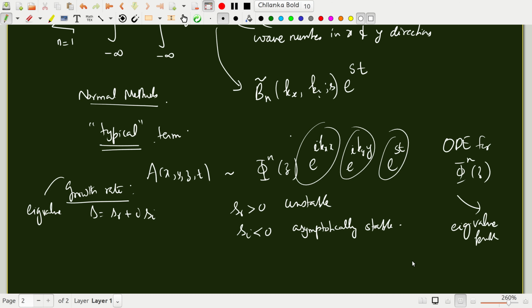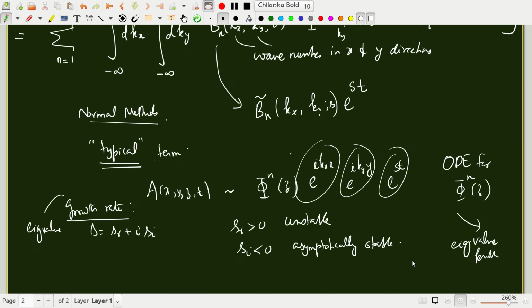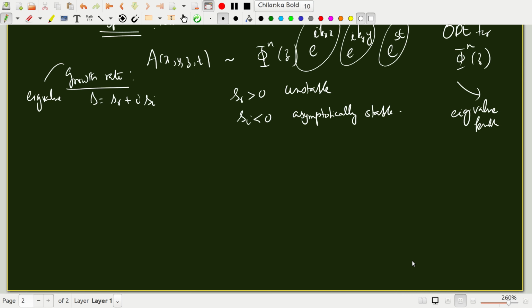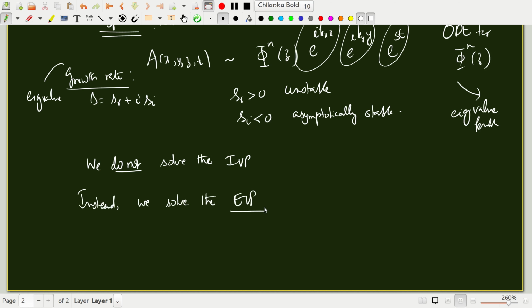Right now, we should understand very clearly that in all initial attempts of understanding a stability problem, we do not solve the initial value problem. Instead, because we do not know what the initial conditions are, it's a very practical issue, we solve the eigenvalue problem.